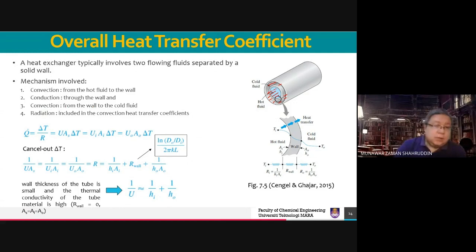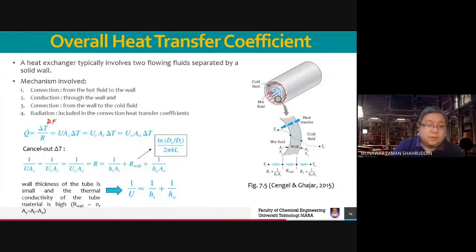If we are to express the heat related to this system, you have this general equation UAs delta T equals delta T over R. Hopefully you still remember it's a concept of driving force over resistance, right?